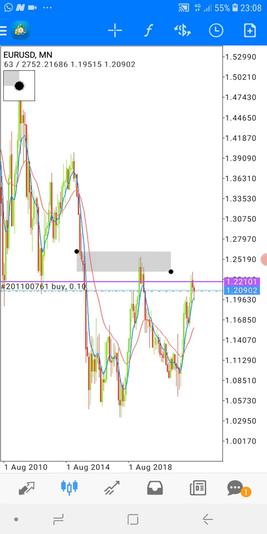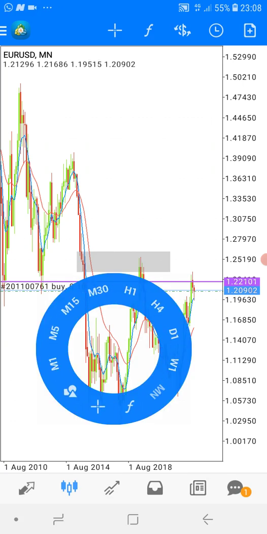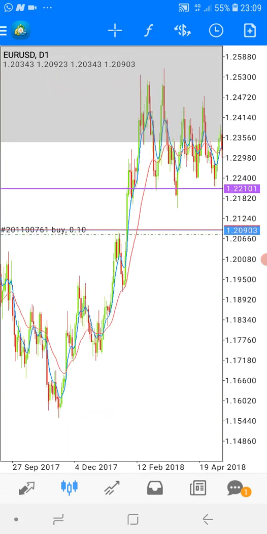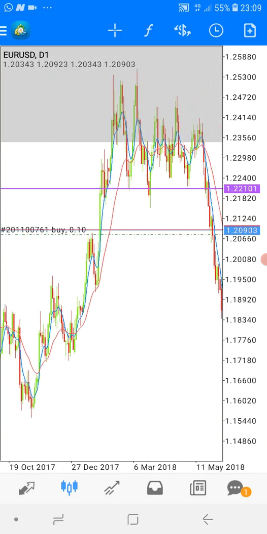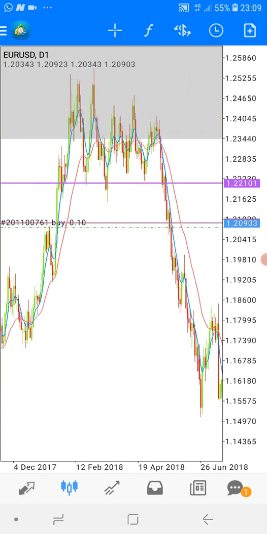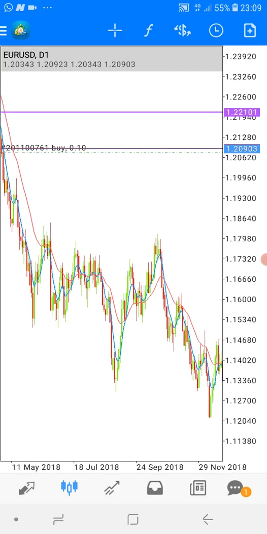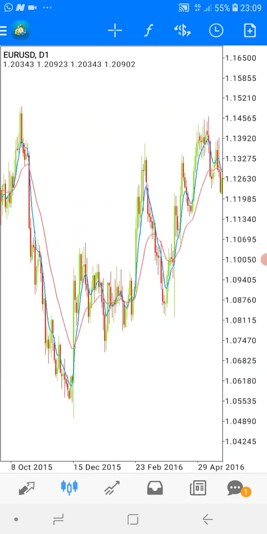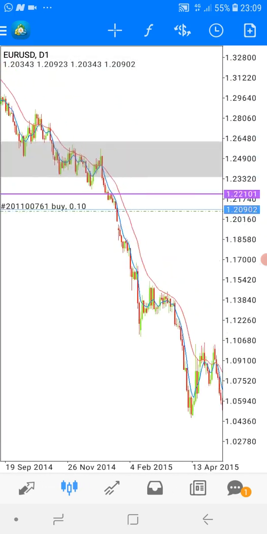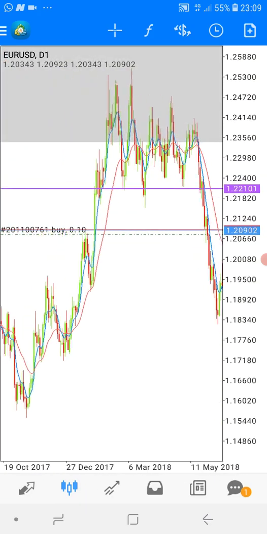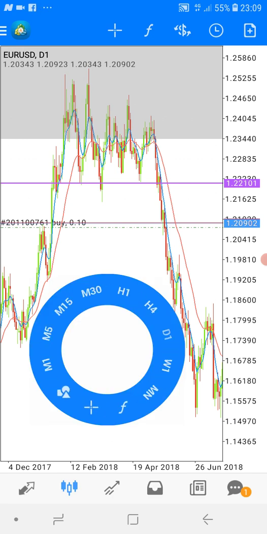Right, like I said, you need 3 time frames. So now that we're looking at the monthly, I'm going to quickly scroll down to the daily and then just look for where price, okay, so there's that zone, right?